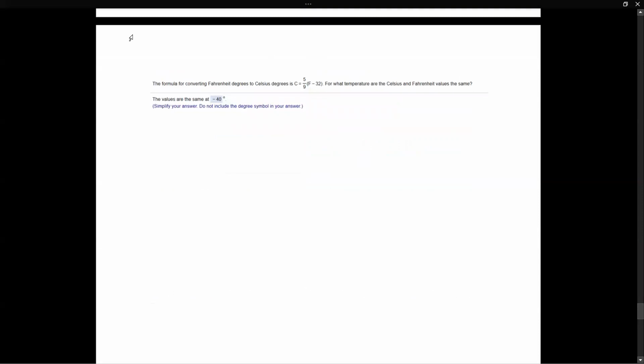This is a formula that's used. This is a conversion between Fahrenheit and Celsius, and this formula allows you to see that conversion. So if you have Celsius, it's given in terms of Fahrenheit, and for what temperature are the Celsius and Fahrenheit values the same? So this is Celsius and this is Fahrenheit, and if you see these numbers, they look always different.